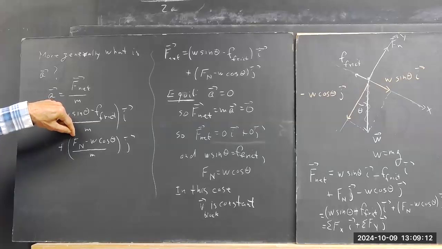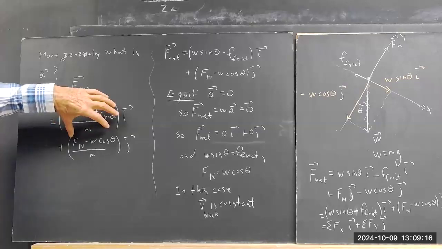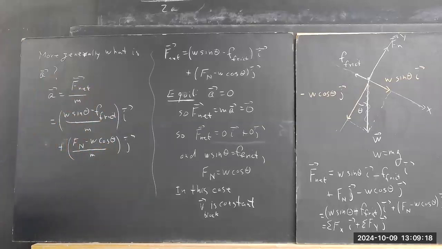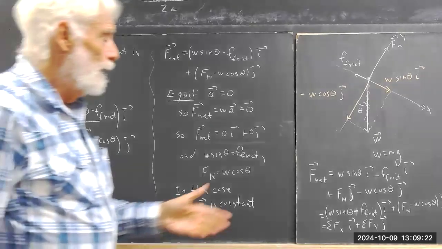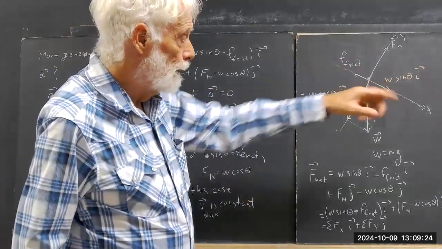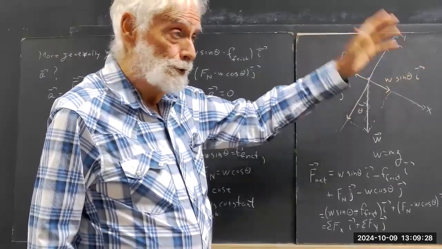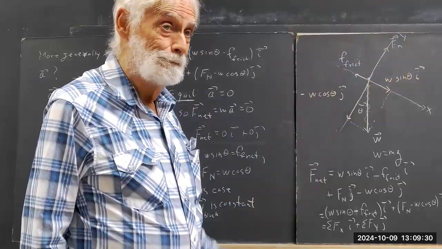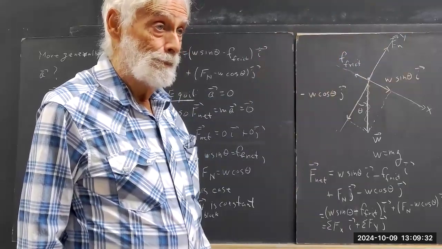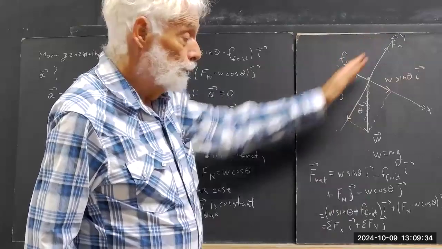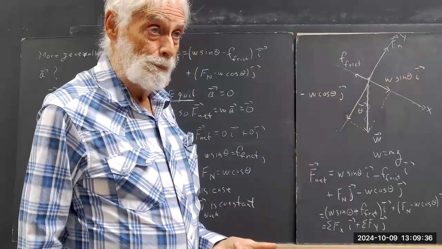Well, as it turns out, it was given to you, but the J component, let's think about the J component of the acceleration. How much acceleration does this system have in the direction perpendicular to the ramp? Can you show me with your fingers? It's 0. Okay, the thing is not accelerating in the y direction.